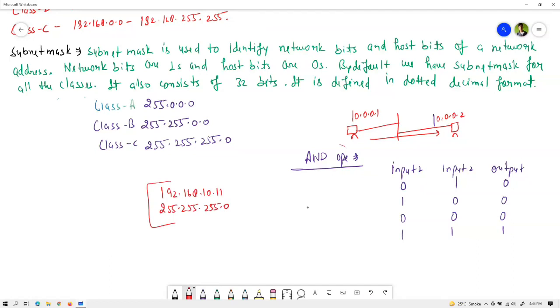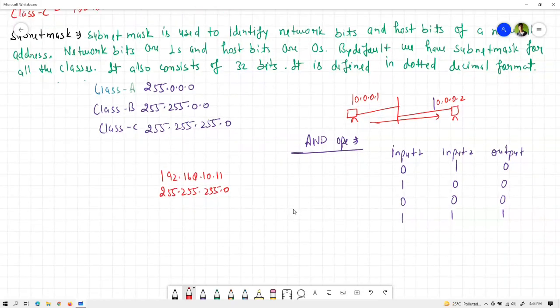You need to use this AND operation, right? Then only you will get the network address. For that, you have to convert these decimal numbers into binary, and after that, run the AND operation. Okay, let's do it for one time.